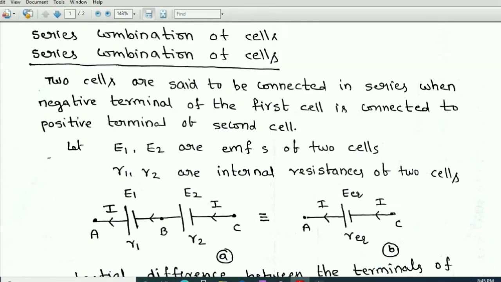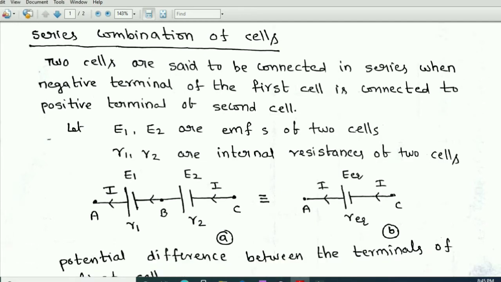Already we have discussed that in series combination, the same current flows through the elements. So in both the cells, the same current flows, but the potential difference across the two cells is different. Already we have discussed this in the case of series combination of resistors also. So the potential difference is different.